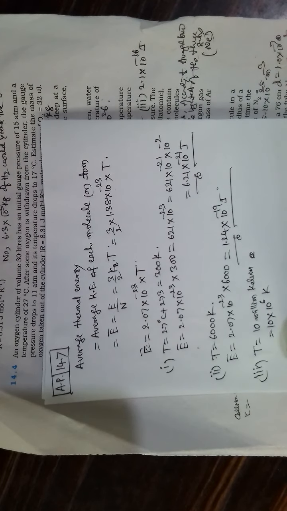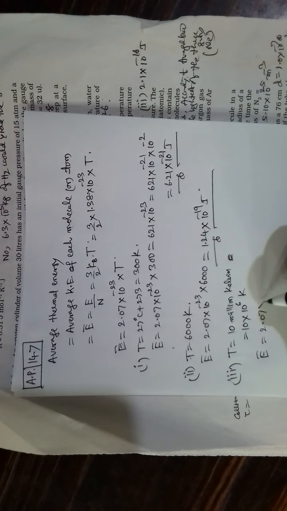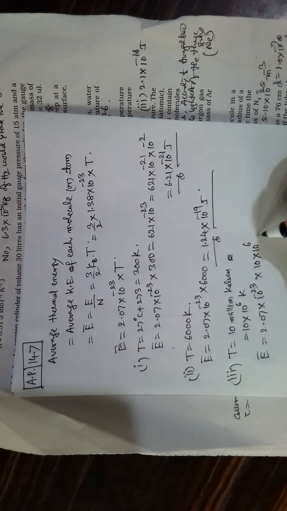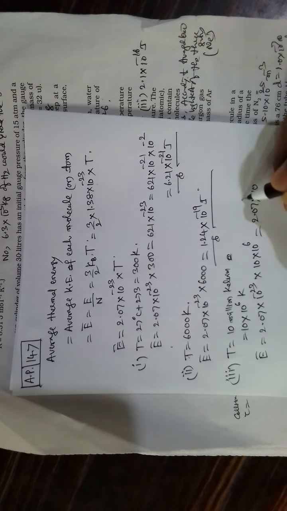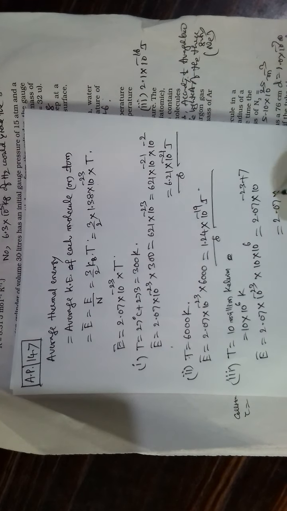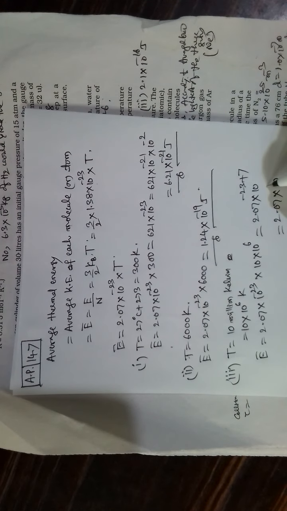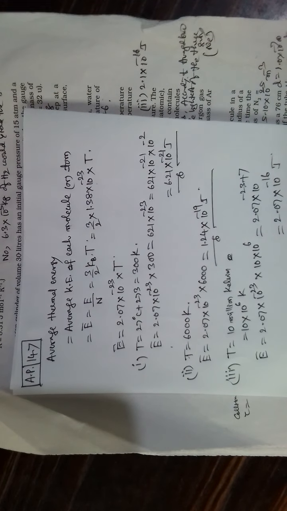So E bar is equal to 2.07 into 10 to the power minus 23 into 10 into 10 power 6. We get 2.07 into 10 power minus 23 plus 7, that is equal to 10 power minus 16 joules.